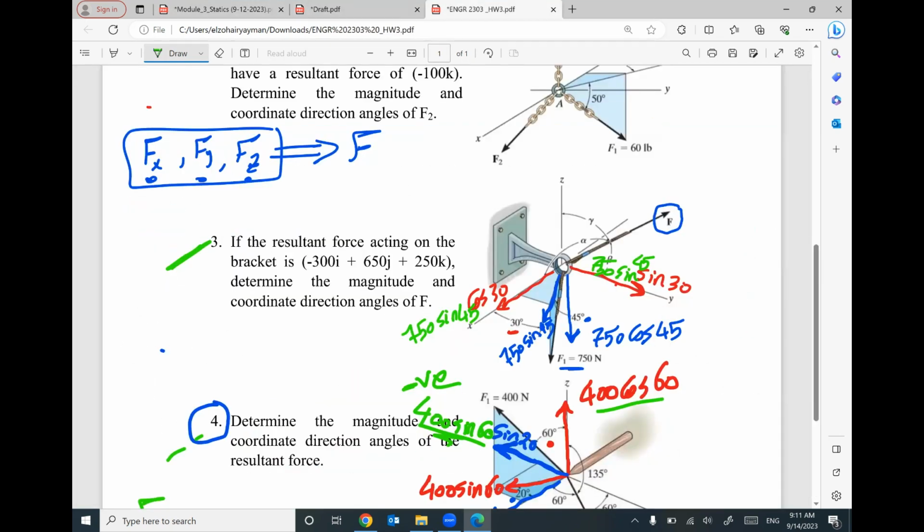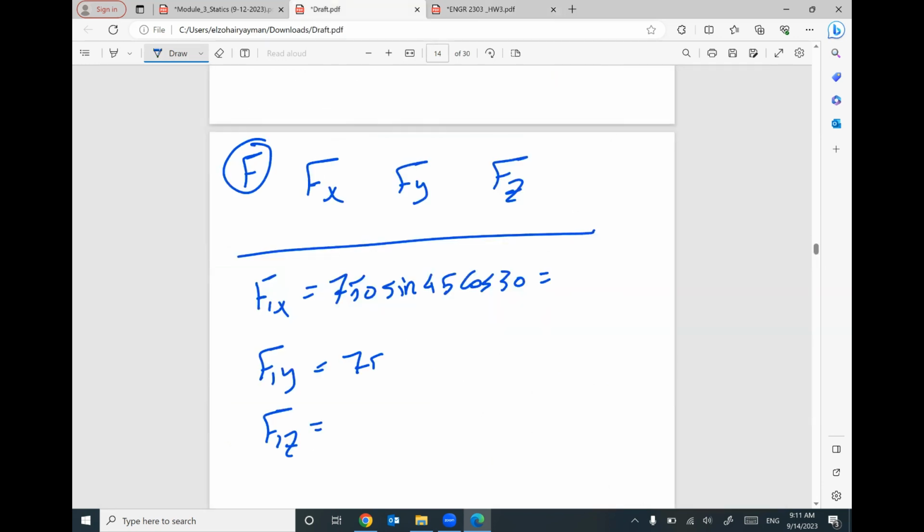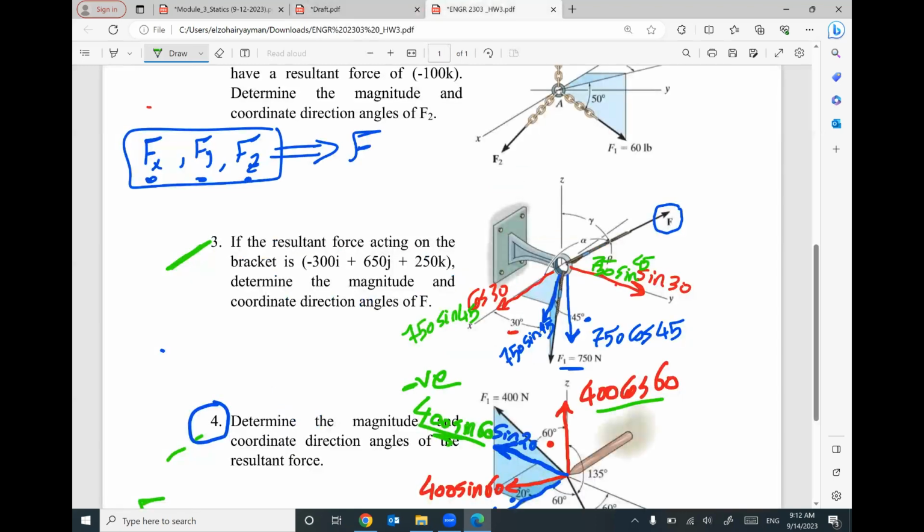For y, it's 750 sine sine. For z, it's negative 750 cosine.